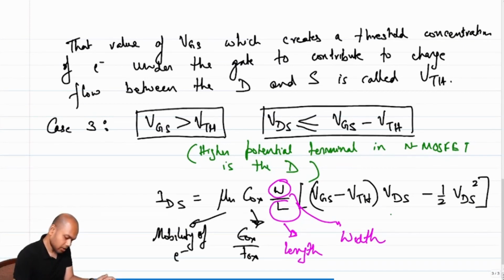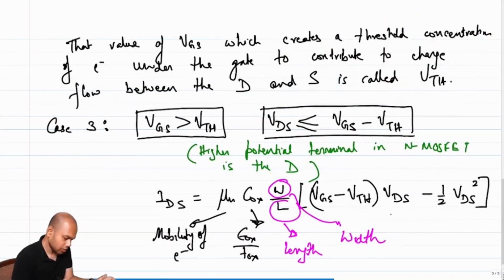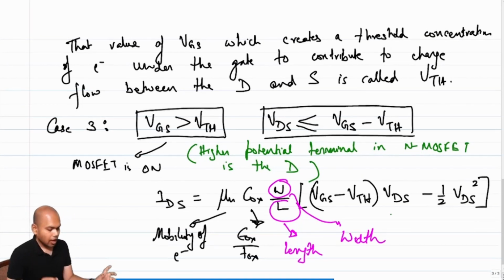So this is when the MOSFET is off. This is when the MOSFET is on. So when the MOSFET is on and VDS is less than or equal to VGS minus the threshold voltage, then and only then this current equation is valid.